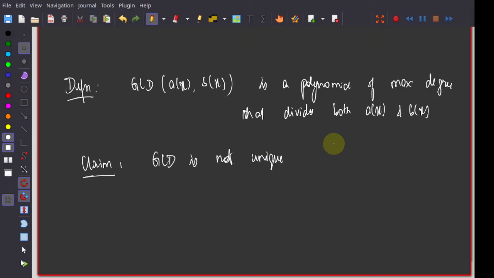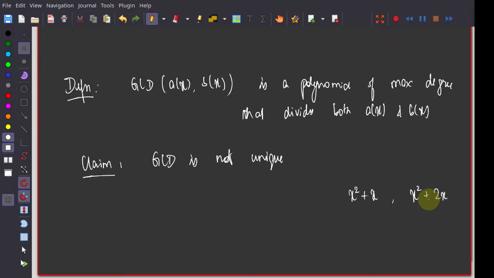Okay, let's take an example. Let us say a of x is x square plus x, and b of x is, let's say, x square plus 2x.